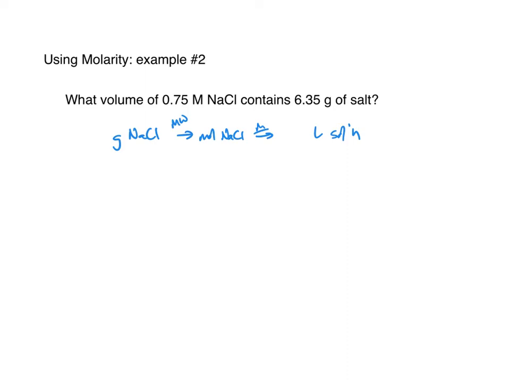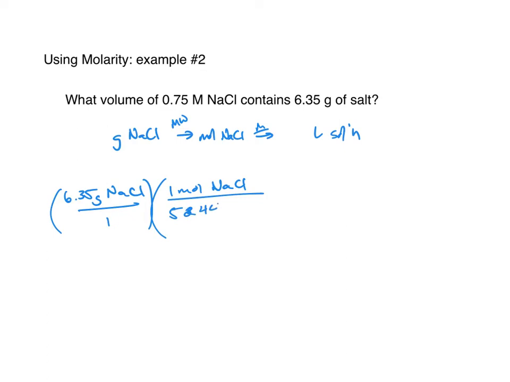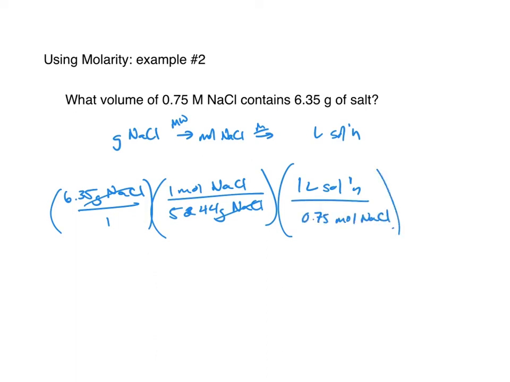So setting that up, 6.35 grams of NaCl over 1. I know the molar mass of NaCl, using the periodic table, is 58.44 grams of NaCl per 1 mole of NaCl. And then I know that every 1 liter of solution contains 0.75 moles of NaCl.